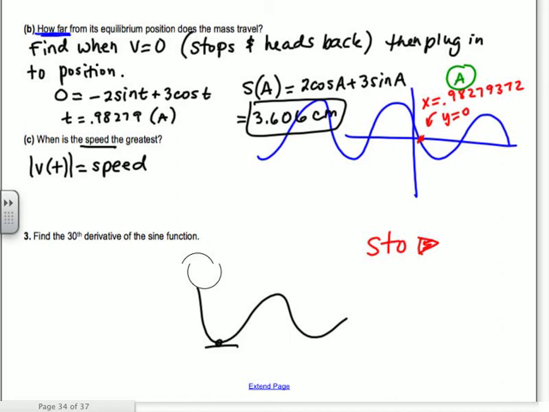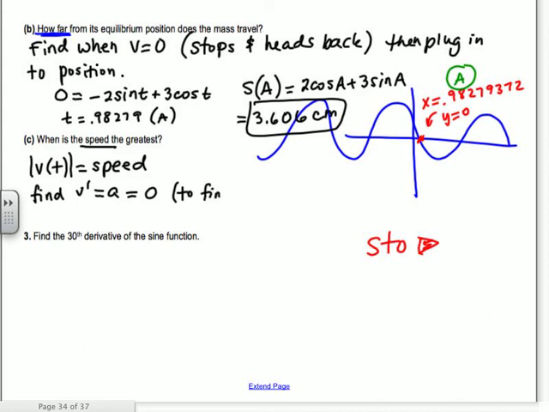Okay, so let's do that. So I'm going to find v prime, which is the acceleration, and find when it's equal to 0, to find the max or min.